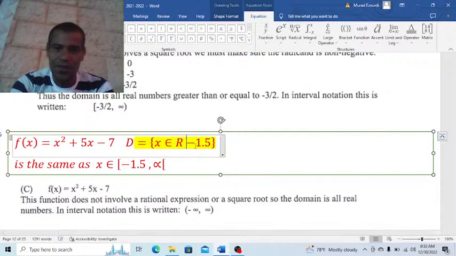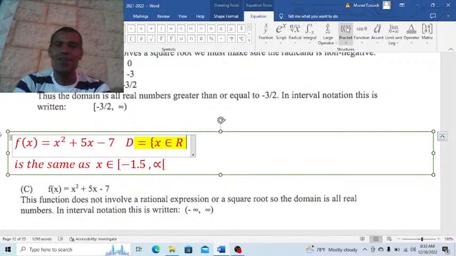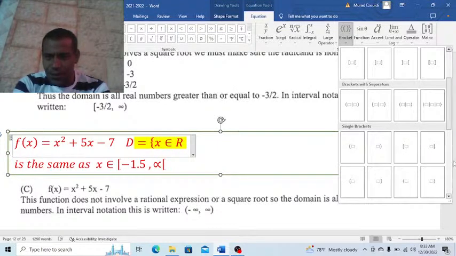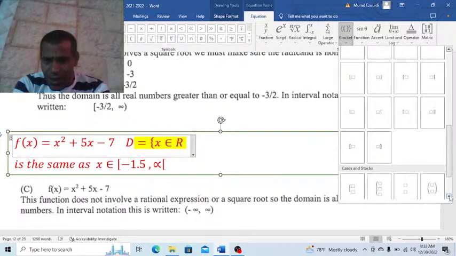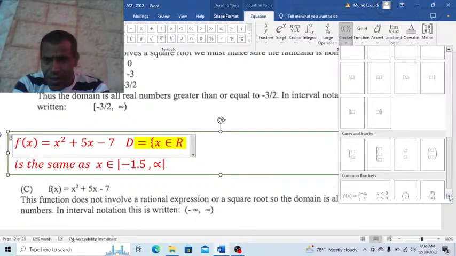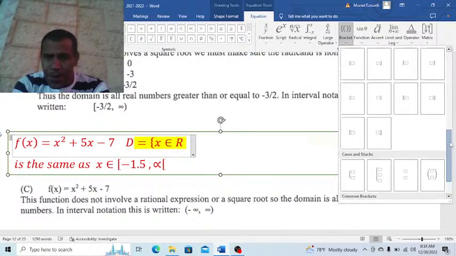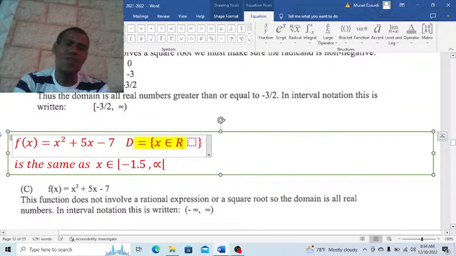So in fact now the domain is the set of all real numbers.